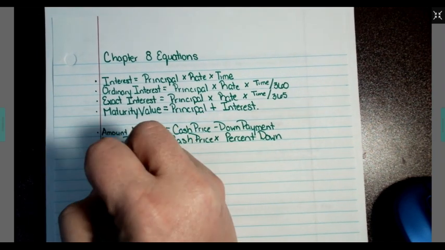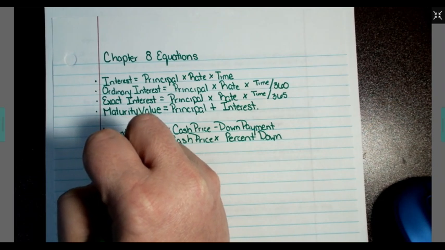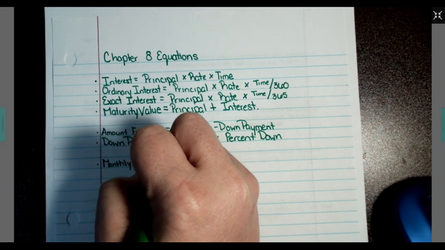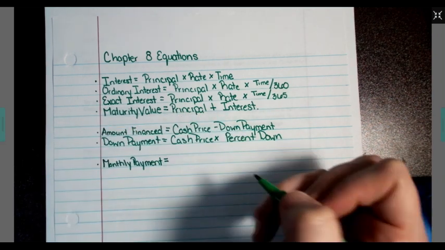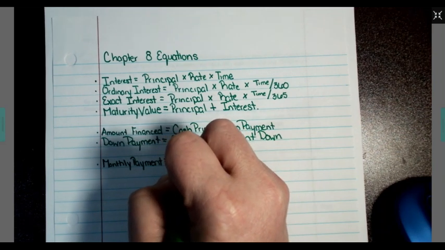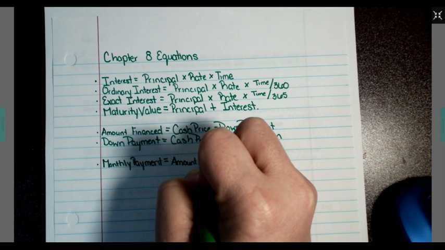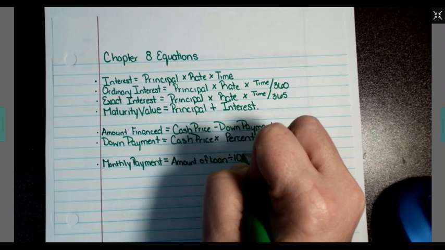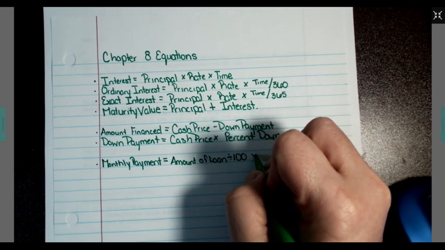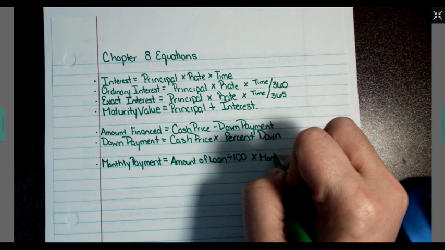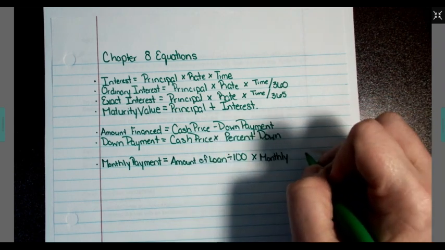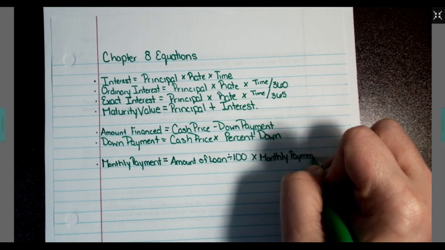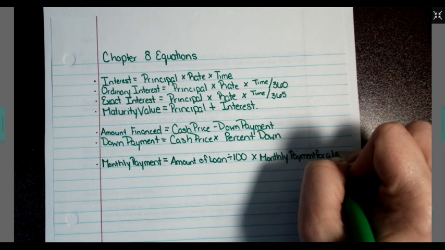The first equation is monthly payment. This equals your amount of loan divided by 100 times your monthly payment for a $100 loan.